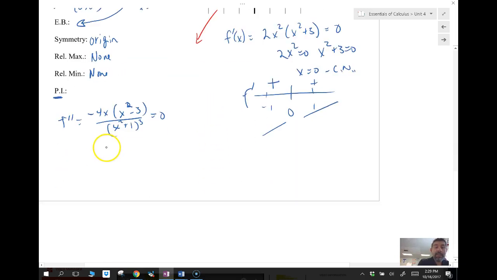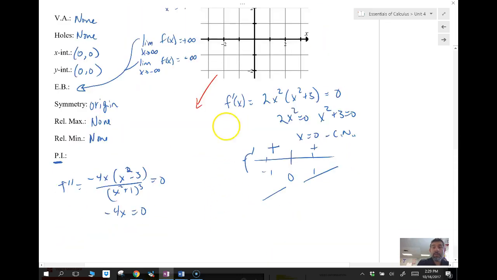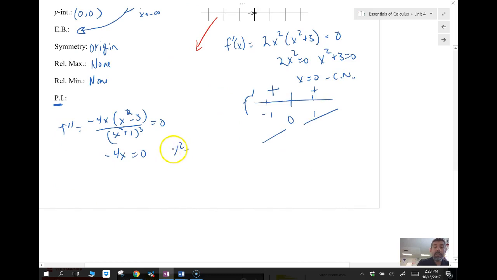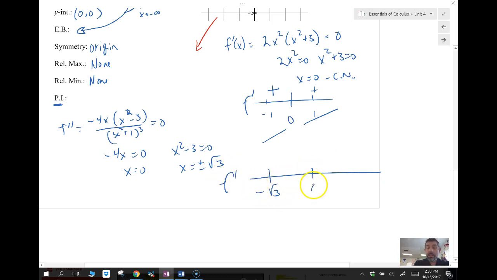I'm going to get negative 4x equals 0, and x squared minus 3 equals 0, which is going to give me plus or minus root 3 and 0. So now I have something to really check, right? So I've got f double prime, negative root 3, 0, and root 3. These are all my PIPs, my possible points of inflection.